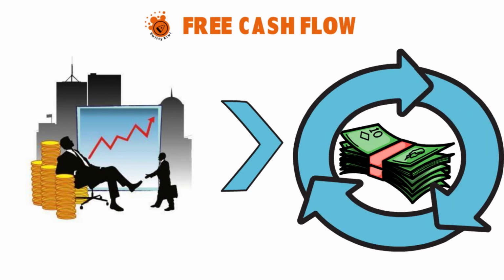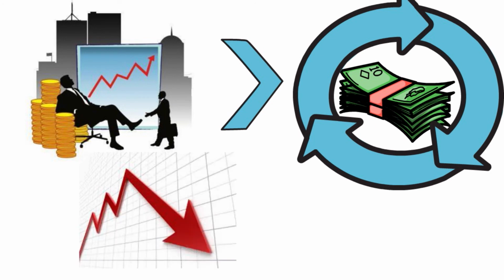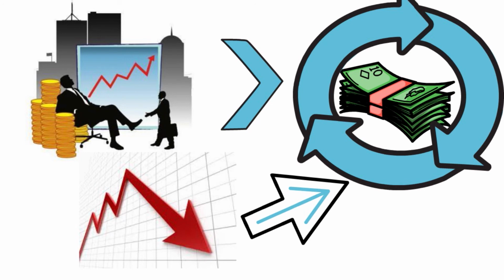Free cash flow is simply the amount of cash generated by the business after all expenses are accounted for. So a stock that appears to show a low priced valuation because of lower reported earnings may be a great deal in terms of cash flow.